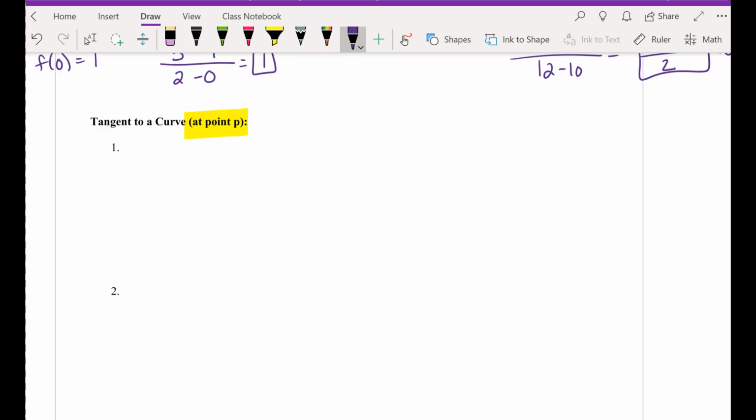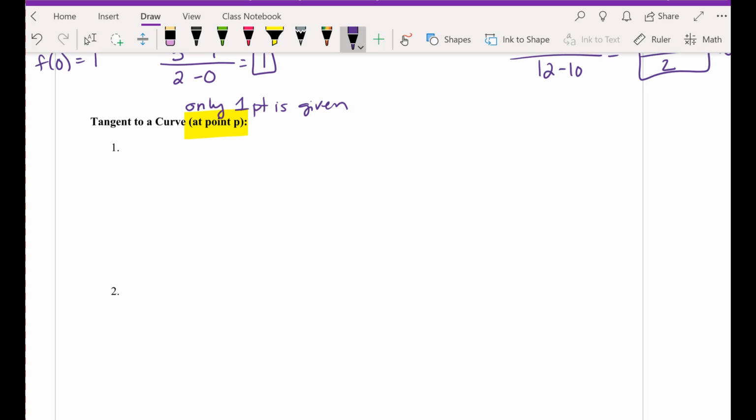Only one point is given. Anybody know what the line is called if it only intersects a curve at one point? It is called a tangent line. Okay? So I'm going to sort everything out, and then we're going to apply this tomorrow.